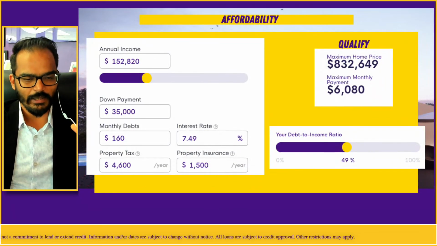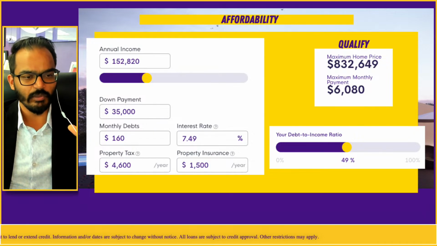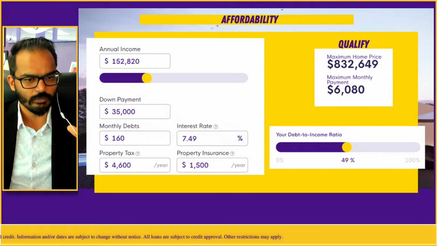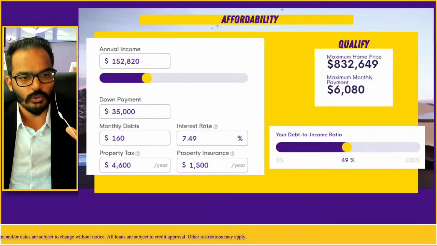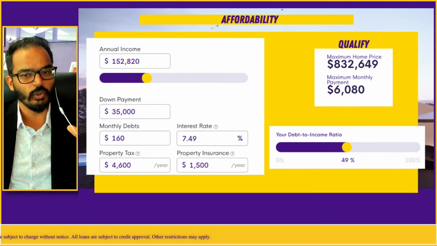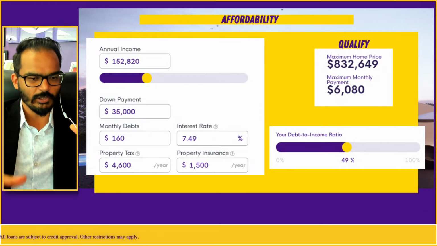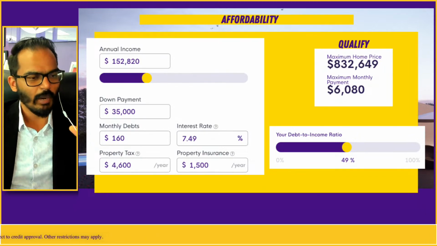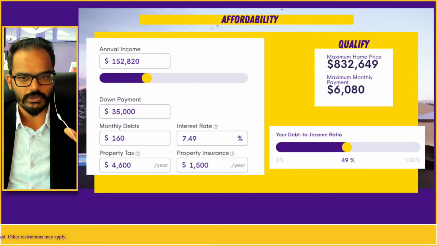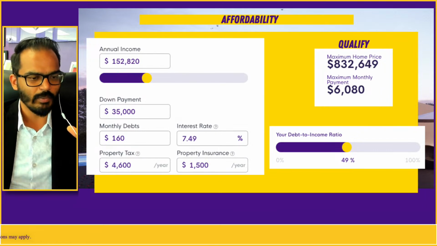Monthly debt, they kept it very smart. They kept it very low, $160 per month. The interest rate, because of their credit scores, was on the higher end, 7.49, and this file is about a month old. The property they found was in South Ozone Park here, and the property taxes were around $4,600.